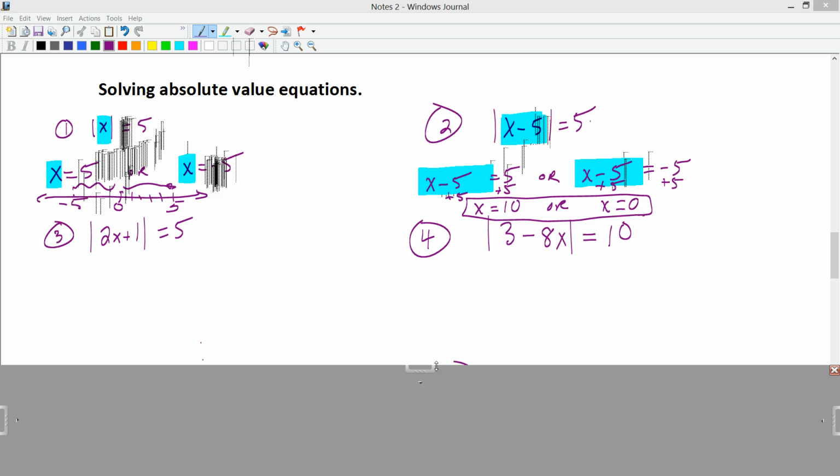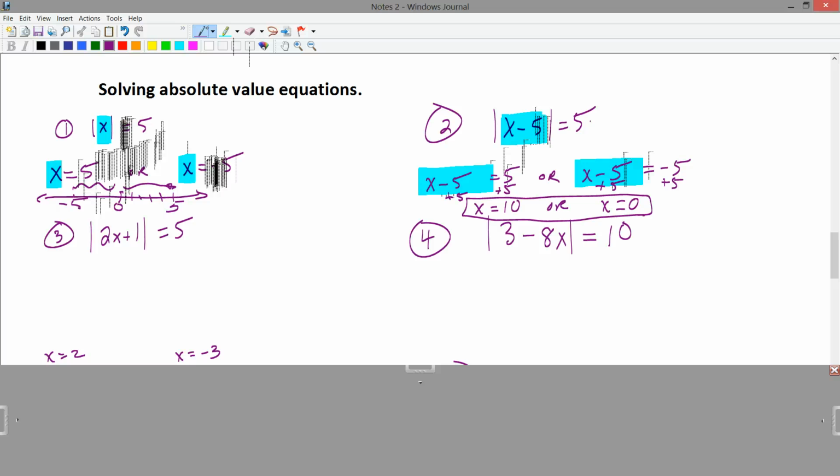We're going to do number 3. What two answers did we say? We said it was 2 and negative 3. We said that those were the two answers on the warm-up when you guys just looked at it and tried to guess and check and problem solve it. So we need to get to those two answers.